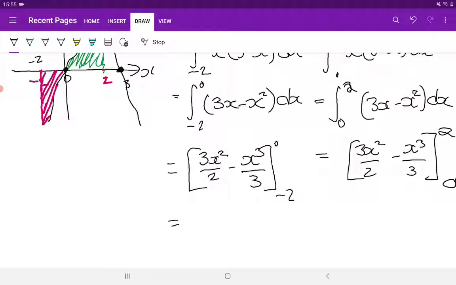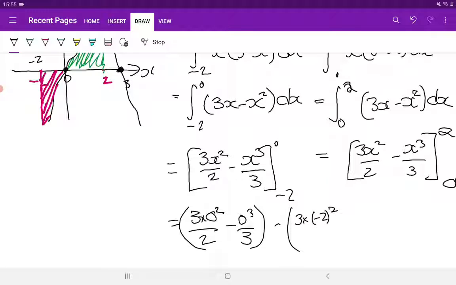If we're putting this in, we've got 3 times 0 squared over 2 minus 0 cubed over 3. That part's obviously going to give you 0. Then we're taking away 3 times (minus 2) squared over 2 minus (minus 2) cubed over 3. I'll do the other integral in a minute because I'm going to run out of space here.